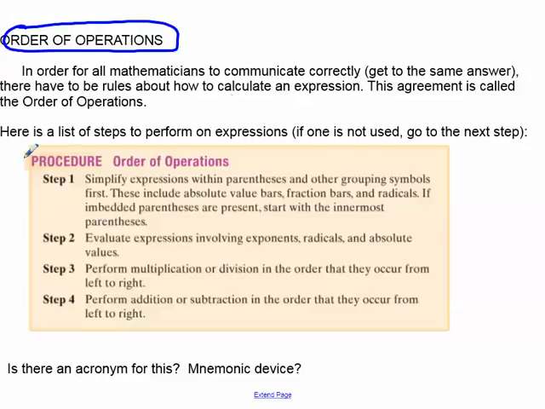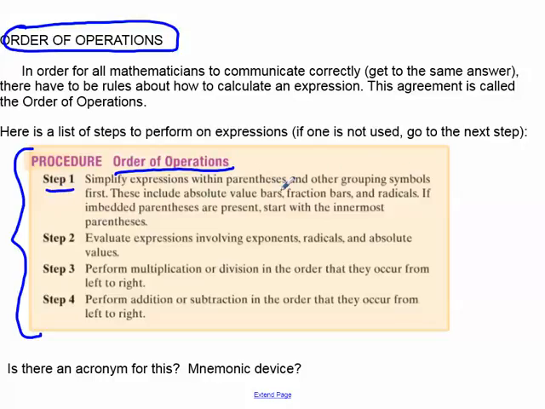So here's a list of steps copied from a textbook that talk about the order of operations. The order of operations basically just tells us if we've got a whole bunch of things together, what do we do first? How do we multiply? How do we divide? Which comes first? Which comes second? So here's our first step. Step 1 says simplify expressions within parentheses and other grouping symbols first.